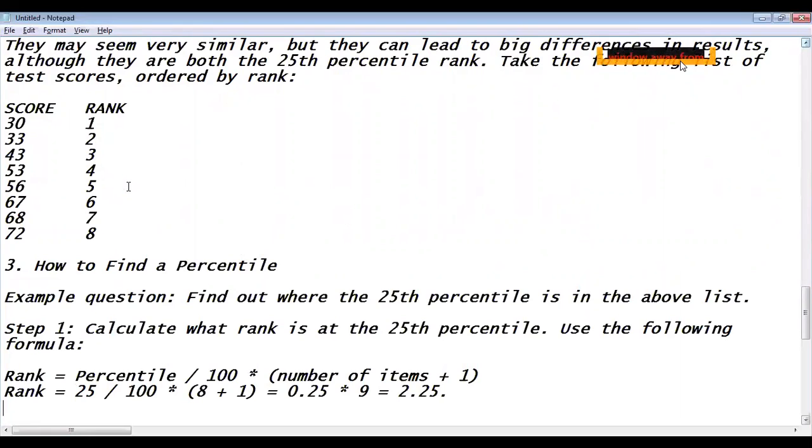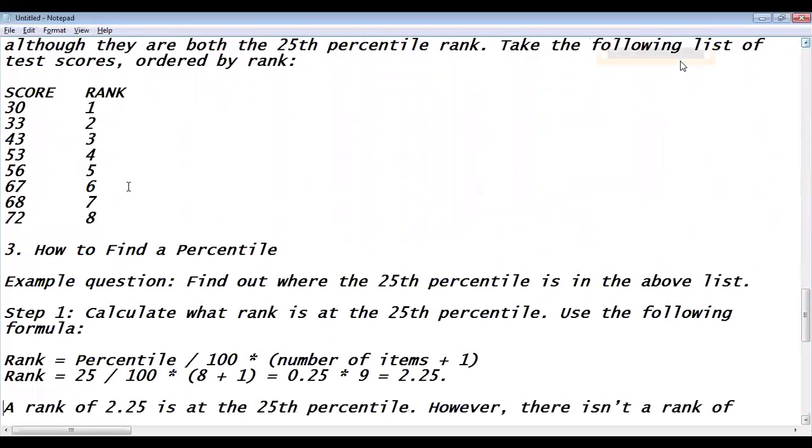You can see step 1: calculate what rank is at the 25th percentile. Use the following formula. Rank equals percentile divided by 100 multiplied by number of items plus 1. The percentile we require is 25, divided by 100, multiplied by how many items are there in total? 8 items plus 1.